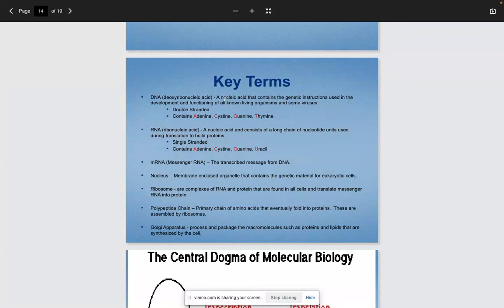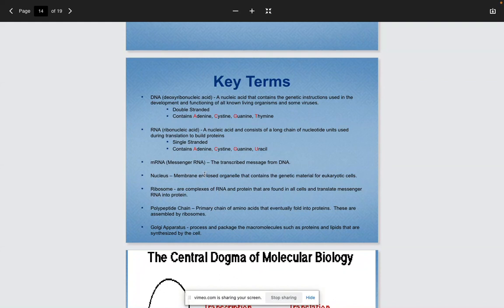From here, we know that a nucleic acid contains genetic instructions used in the development and functioning of all living organisms. RNA is a nucleic acid, consists of long chain nucleotide units used during translation to build proteins, like we previously just said. Consists of a single strand, contains adenine, again, cytosine, guanine, and uracil.